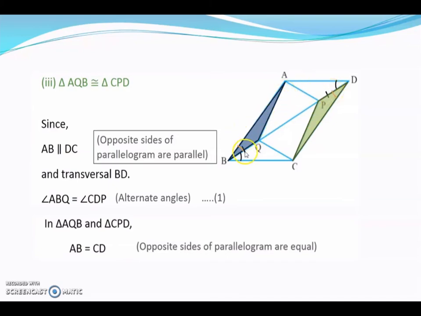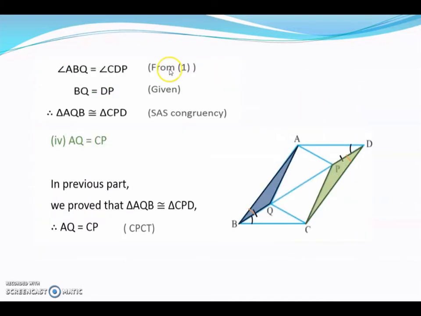Then AB and CD are equal because again they are opposite sides of a parallelogram. And BQ and PD are equal, that is already given to you. So in a similar way, we can prove that these two triangles are also congruent, that is by SAS.